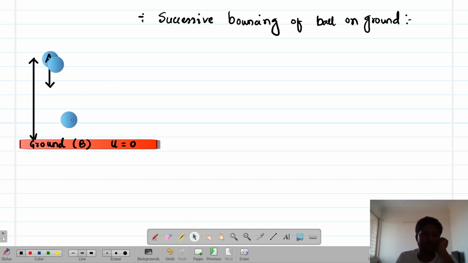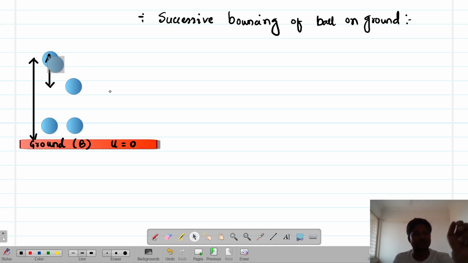Then once again, what will happen? It will come nearer to the ground, then it will bounce back over here or not. Yes. Then once again, it will go up to some height. It will not rise up to that maximum height.